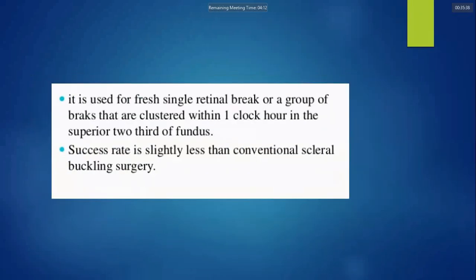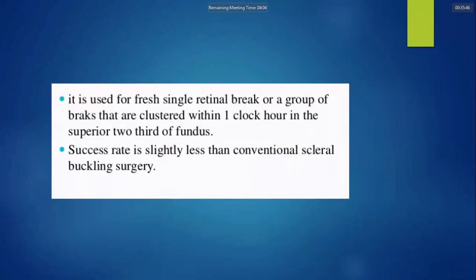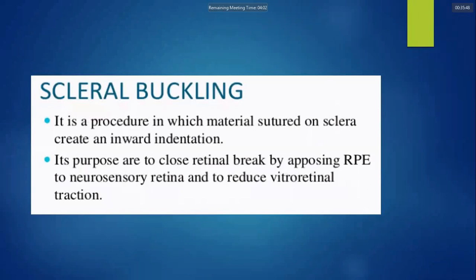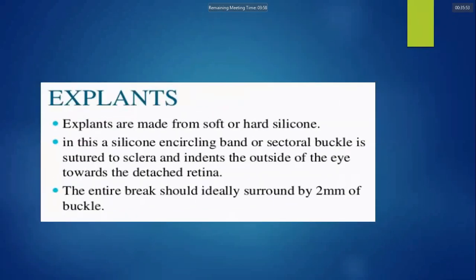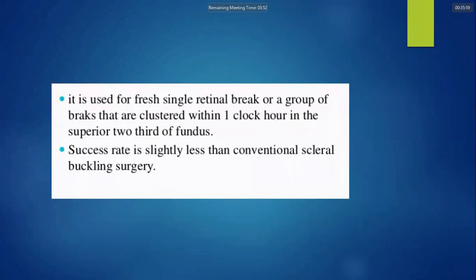Treatment can be summarized in one point: just see the hole and seal the hole. That is, the methods of sealing the breaks by using scleral buckling and explants, drainage of the subretinal fluid, vitrectomy and prophylaxis measures.